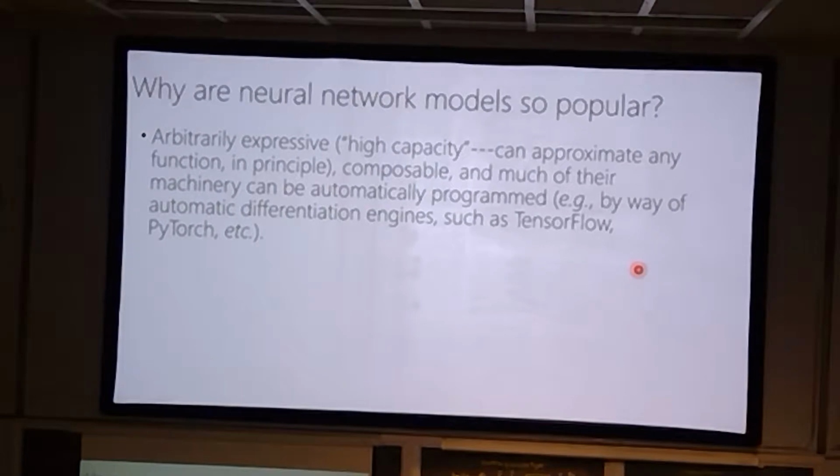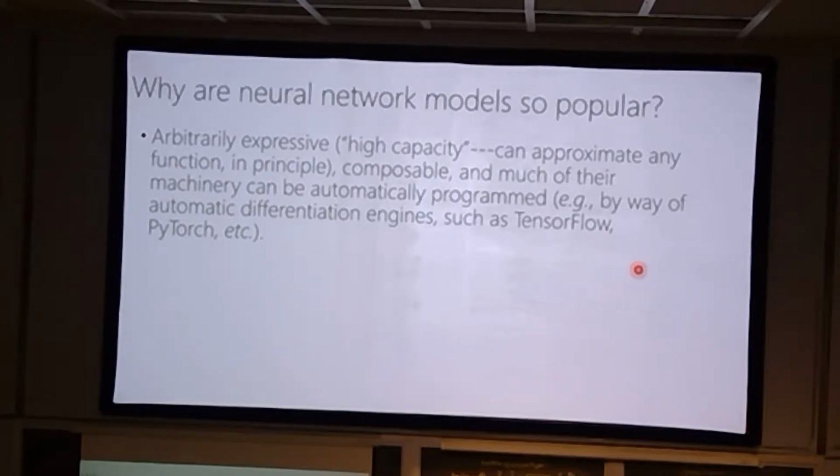Of course, we know from the bias-variance trade-off that that's not enough to do well, right? You could have an infinitely rich or expressive model, but if you don't have enough data to fit it, you'll overfit and you won't get any generalization. But these have arbitrarily high capacity because you can just make them deeper and wider, and this more or less increases their capacity.